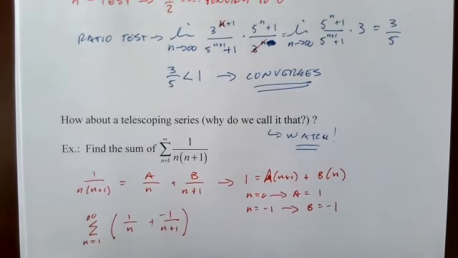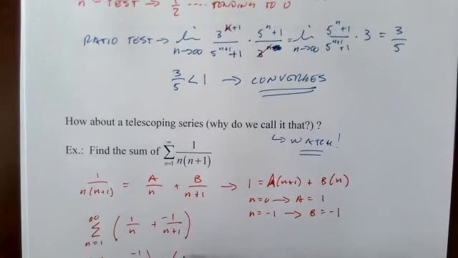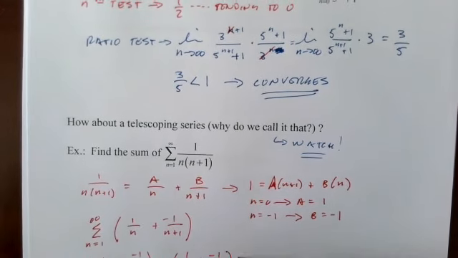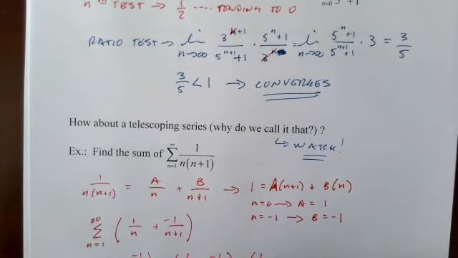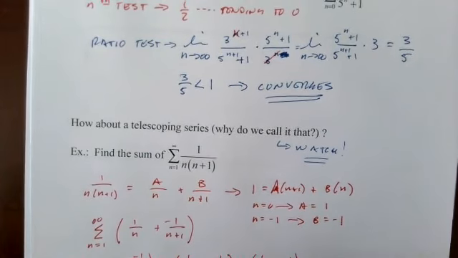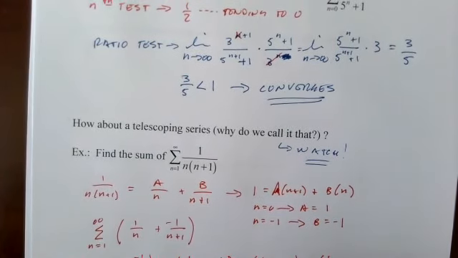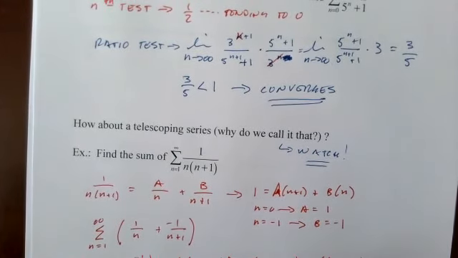Well, let's write the terms. Put in 1. We get 1 over 1 plus -1/2, plus, put in 2, 1/2 plus -1/3, plus 1/3 plus -1/4, plus 1/4 plus -1/5.